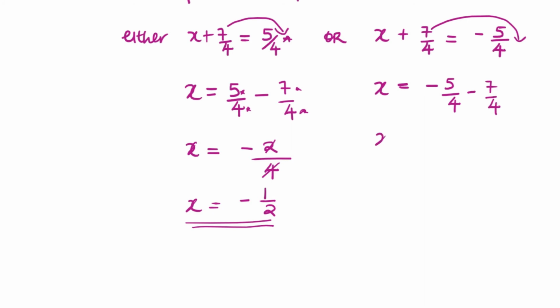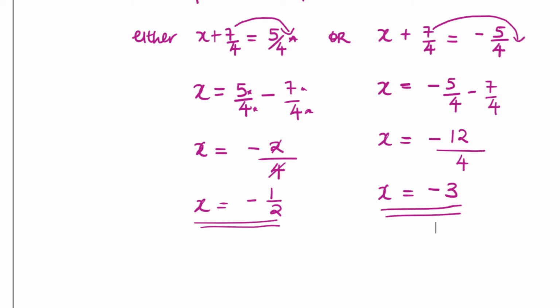Then we're going to have x is equal to negative 5 minus 7 to give us negative 12. Then for the common denominator there, the common one is 4, so we say negative 12 divided by 4 will just give us negative 3, and that will be our answer.